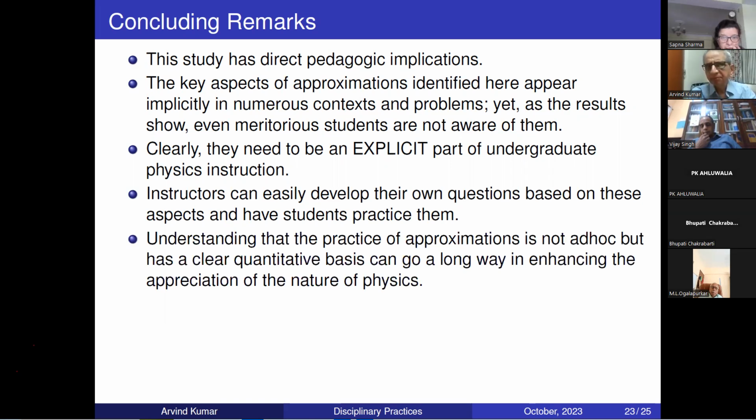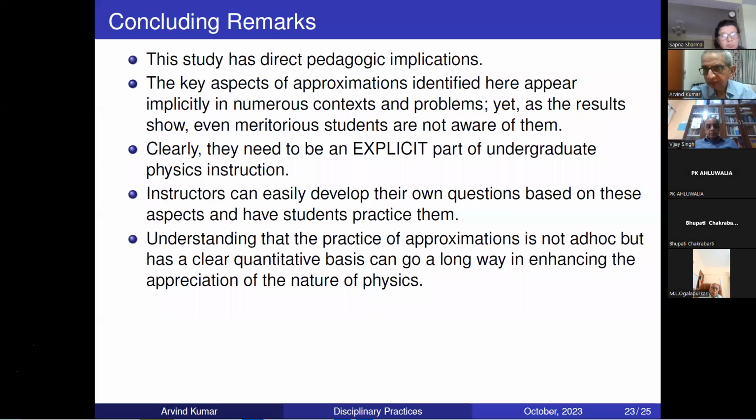And I believe that if you do this, because approximations have a lot of connection with history, it's not just some clever trick. It has a very rational basis and goes a long way in enhancing appreciation. For example, we say in relativity, the experimental rejection of ether needed the V square by C square effect.